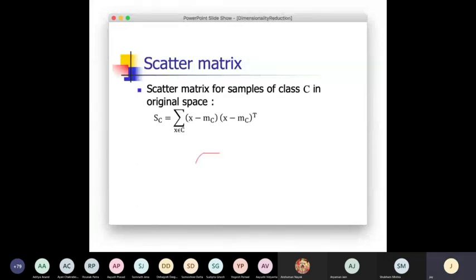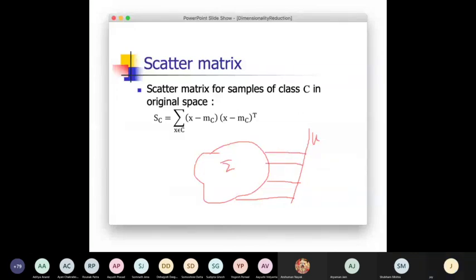Suppose you have a data point, say I'm representing this as a distribution, and it has a covariance matrix sigma. And then you have a direction, say U, right? Which means you are taking a direction of projection, and you are taking all these projected points on this direction.